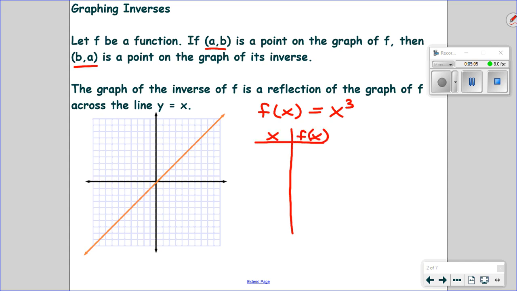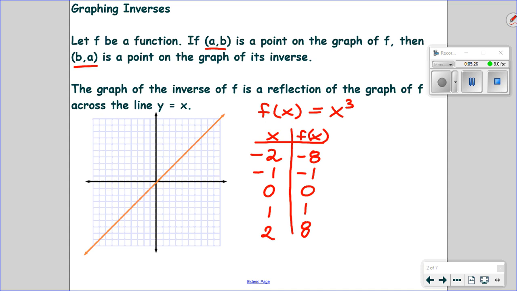And I'm just going to pick some values for x. Let's use -2, -1, 0, 1, and 2. So if I plug these values into x cubed, I get -8, -1, 0, 1, and 8.